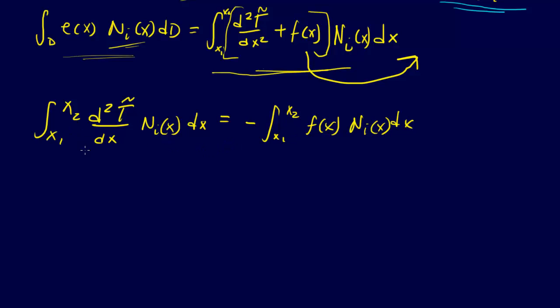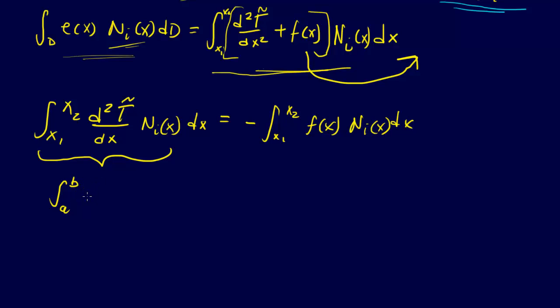Now at this point, we have the two sides, and I want to take a closer look at this. We can simplify this quite a bit, but in order to do that, we have to remember a little bit of calculus. Actually, integration by parts. Just to remind you, the formula for integration by parts: a lot of times it's represented as an indefinite integral, but we'll do it as a definite integral because that's what we're doing here.